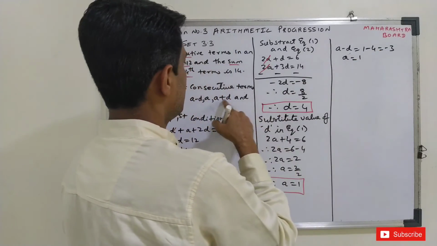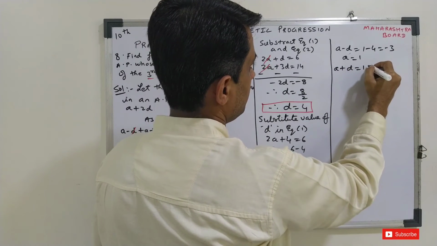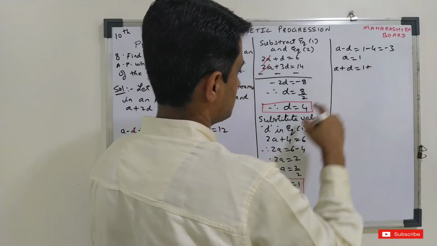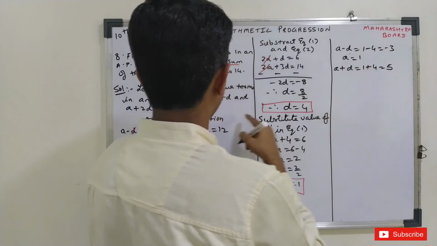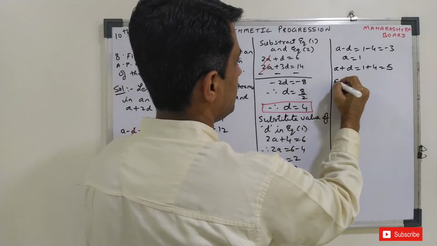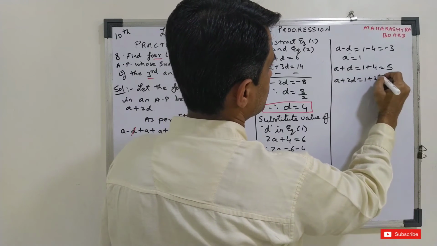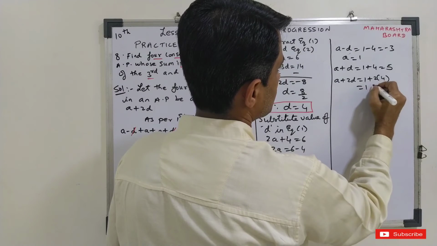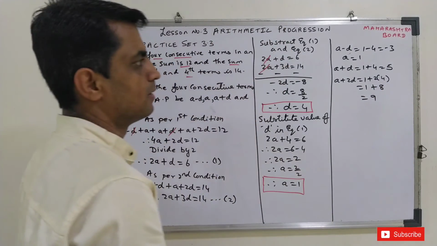That is as it is. A plus D. A is 1 plus D. What is our D? 4. That is 5. Then A plus 2D. A is 1 plus 2 into 4. So 1 plus 8. That is 9.